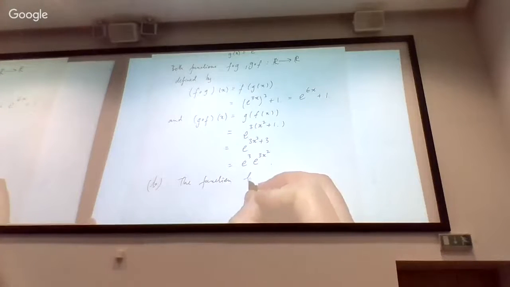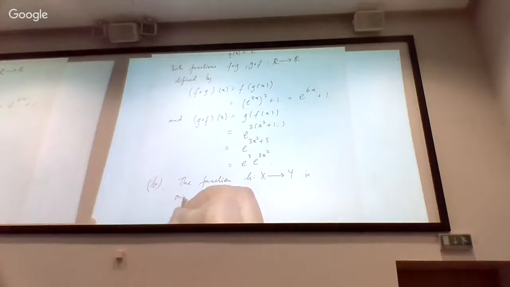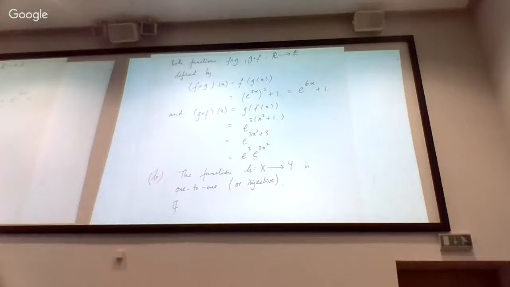So the function h from X to Y is one-to-one, or injective, the more technical sounding term for it, if, what's the definition? Well, the definition is that you never have two different arguments being sent to the same value.